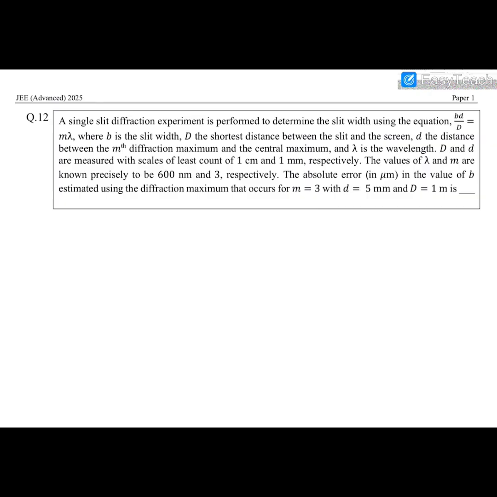So what we are doing in this case, b d by D is equal to m lambda first of all, and small b will be equal to m lambda capital D by small d. Now you must have studied, and I have also taught in errors, that we should differentiate the equation upfront.